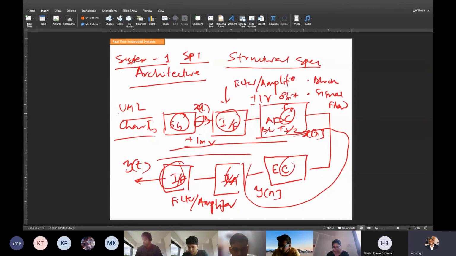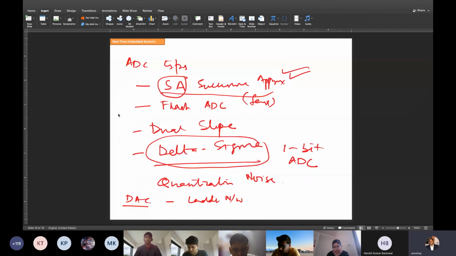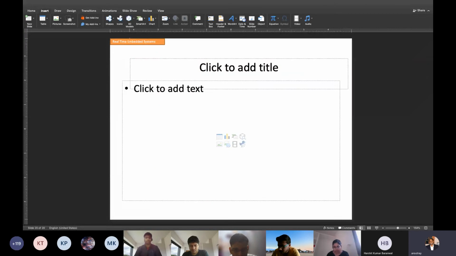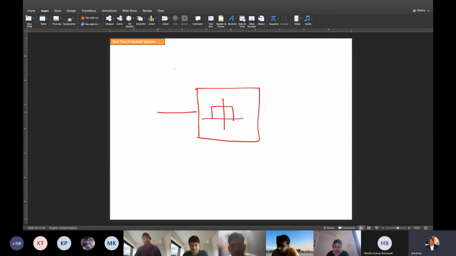That means the whole digital filter you can design like a block diagram behavior. That means frequency response. This is your X(t), this is your Y(t). So this is overall behavioral specification, right?